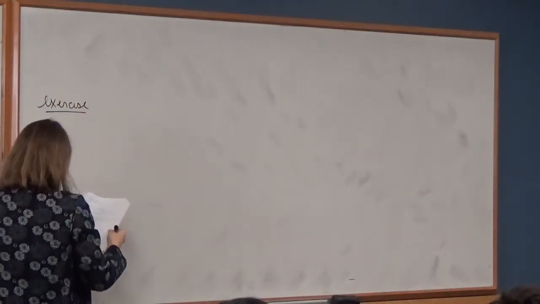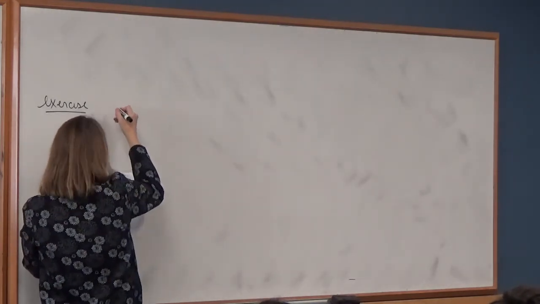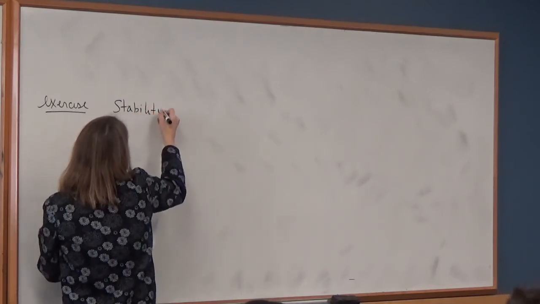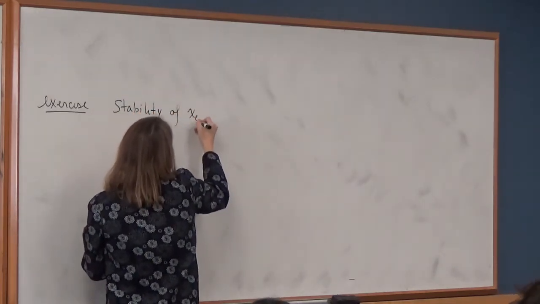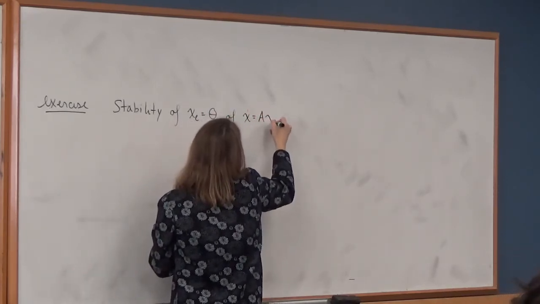Not asymptotic stability, not exponential stability, which are the same in the time invariant case, but just stability, internal stability, of this equilibrium xe at 0 of this linear time invariant system.